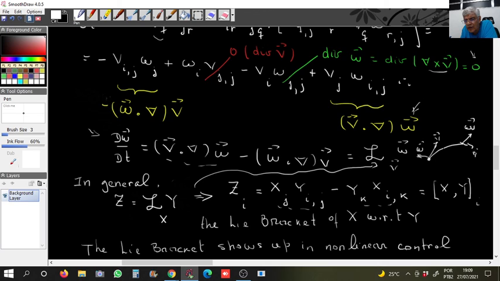This is the flow, and this is the vector v tangent to the trajectory, and there's another field w, omega, the rotational, which varies along the trajectory. Okay, this is related to the Lie algebra, Lie derivative.